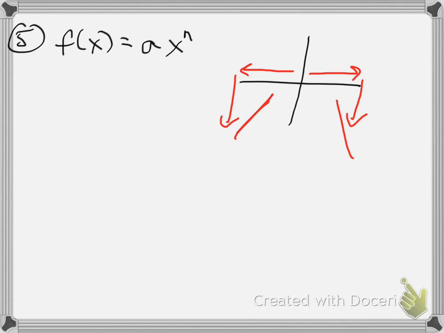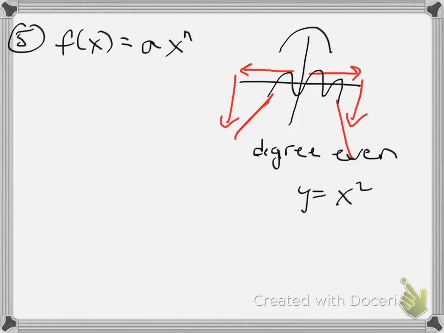That's the shape of our graph. It looks something like that. It might be just like a parabola, or it might go like this a bunch of times, but it's got to be something with that kind of end behavior. That only happens with the same direction end behavior when the degree is even. Same direction end behavior. Now, if it was y equals x squared or x to the 4th, then it would go something like this.